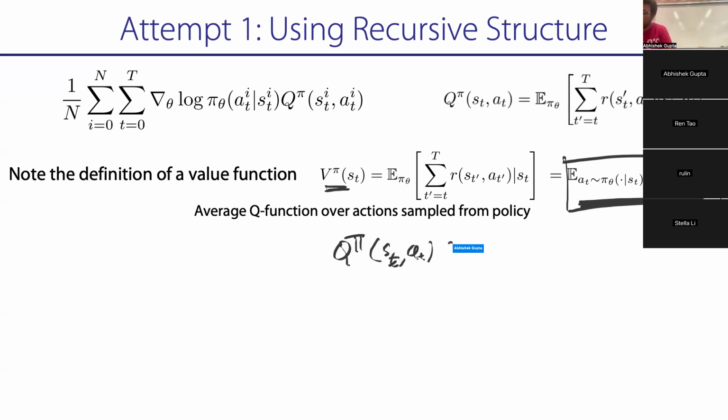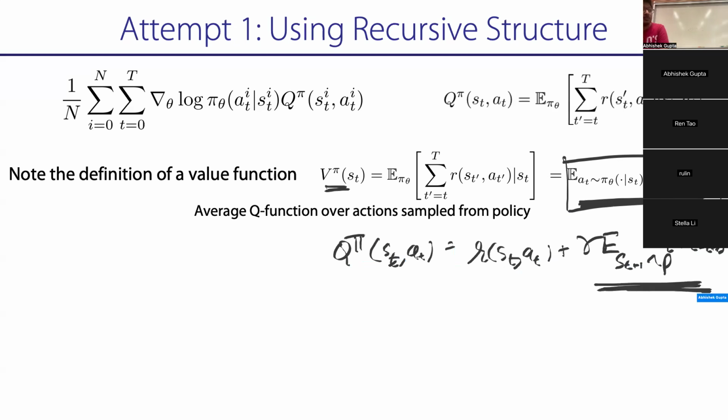Yeah. So this will be equal to R of S_t, A_t plus gamma times the expectation, with S_{t+1} drawn from your dynamics, of V of S_{t+1}. So there's an expectation under the dynamics here. R can also be stochastic. We're assuming R is deterministic so far, but if R was stochastic, there would be an expectation there.